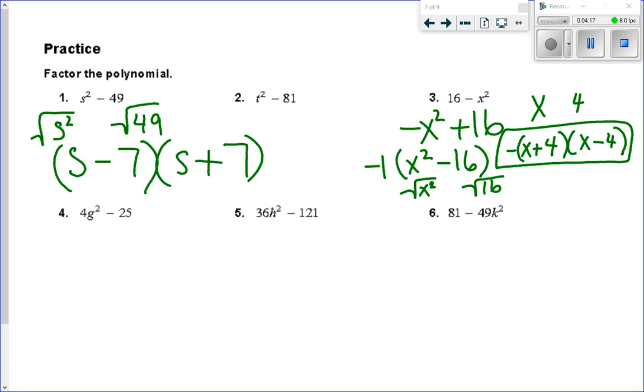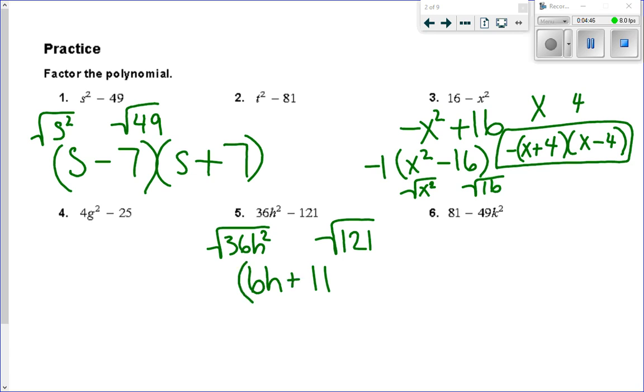Okay, so we're going to move on to number 5. We can see here that we have 36h squared minus 121. If we take the square root of 36h squared and the square root of 121, we get 6h and 11.